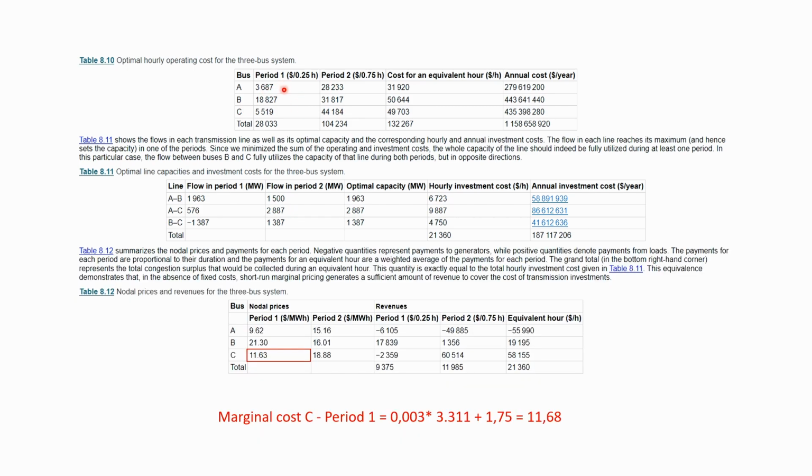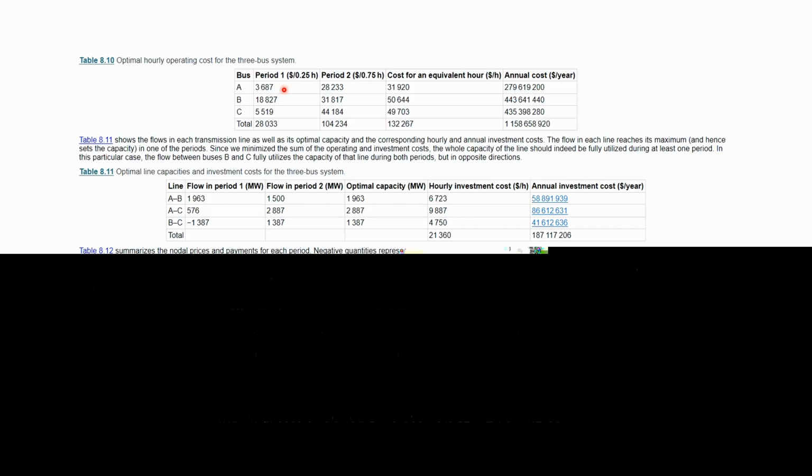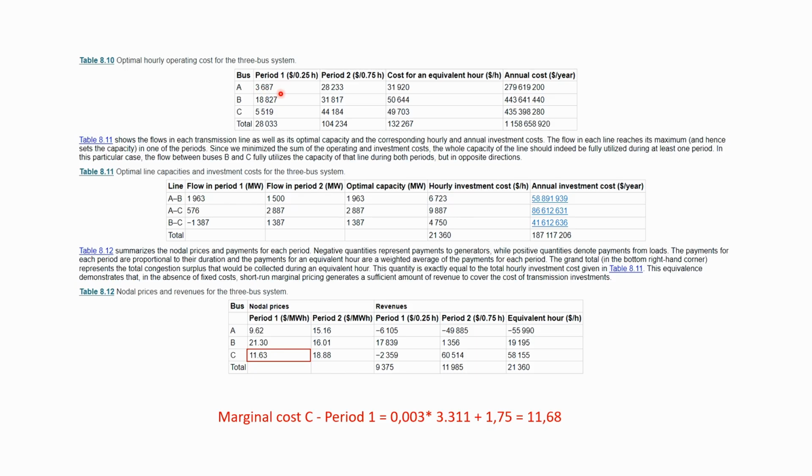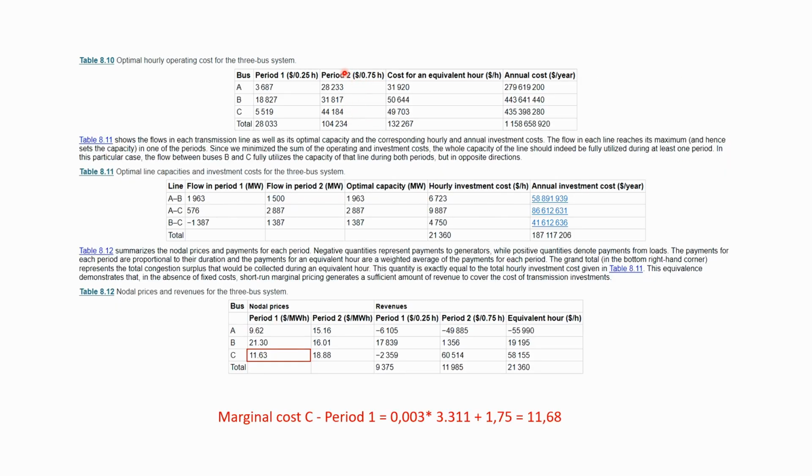In order to do so, we will integrate the marginal price equation and then calculate the total cost. The total cost is multiplied with 0.25 here, because 1/4 of the time of the 8,760 hours is in period 1, and here we will multiply the cost with 0.75, because 3/4 of the time will be in period 2, so that we can add these here, and then we will get the total cost for an equivalent hour.